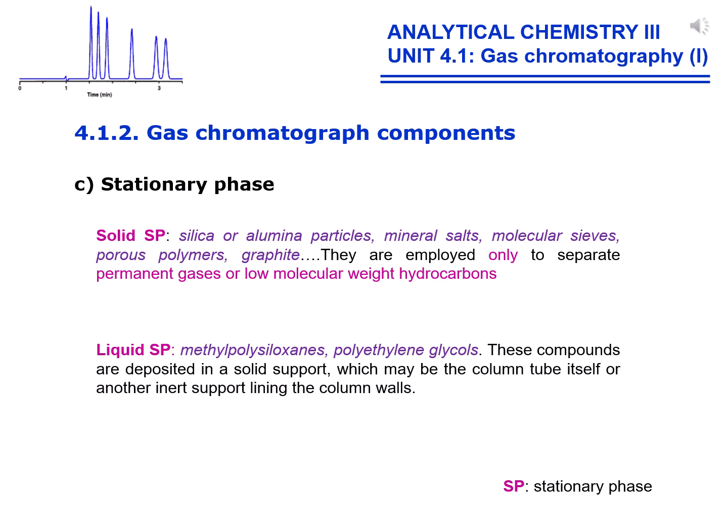Actually, most stationary phases in gas chromatography are liquids that are deposited on a solid support, which can be the column tube itself or another inner support covering the column walls. Some widely employed compounds are methyl polysiloxanes, polyethylene glycols, etc.